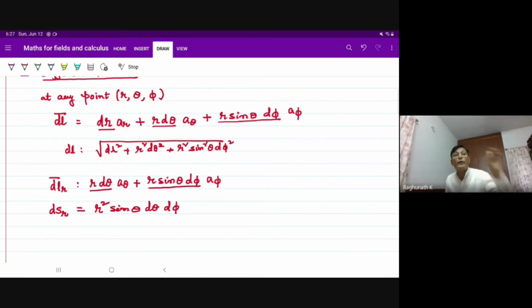This is so important for us, because ultimately people talk about this as the differential solid angle d omega, sin theta d theta d phi. R squared d omega is the cap-like surface area, which is the part of a sphere of radius r. dsr is r squared sin theta d theta d phi.